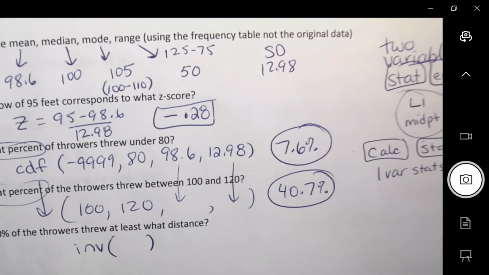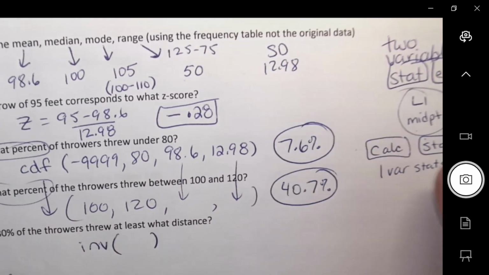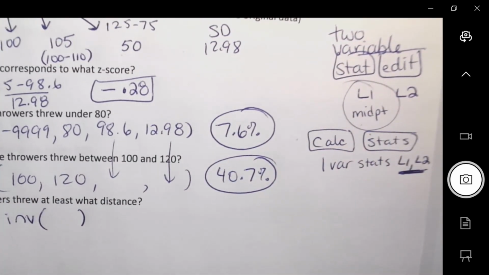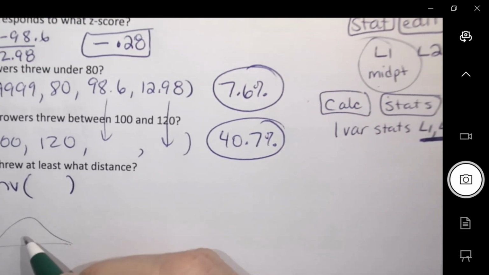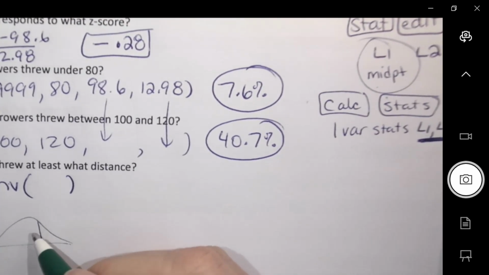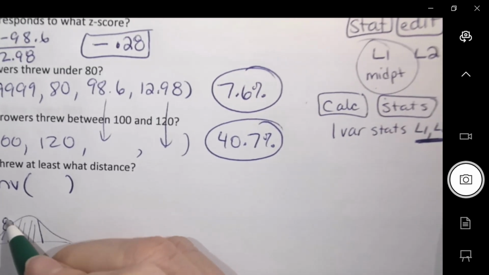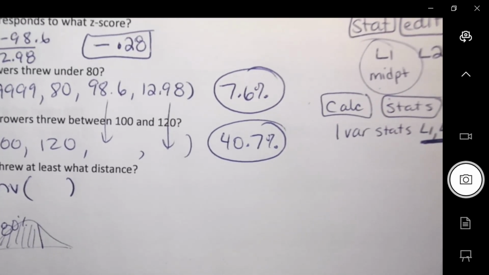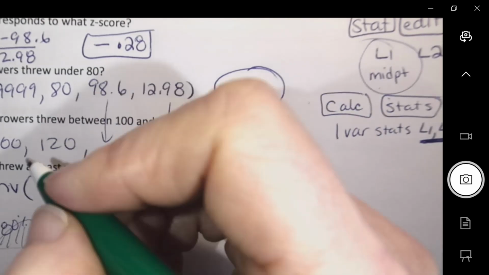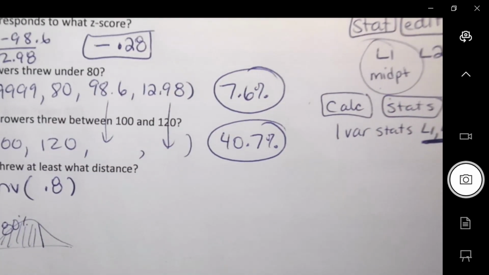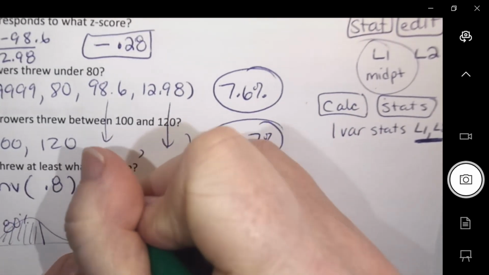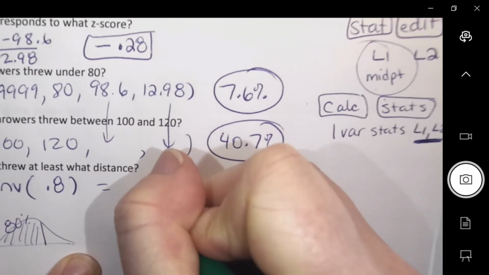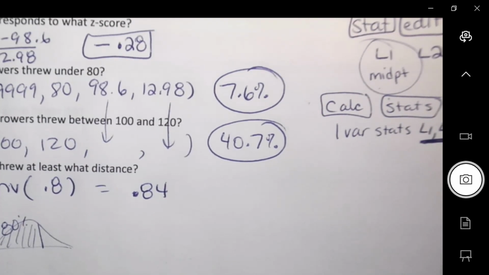So is that the top or bottom 80%? Percent of throwers through at least what distance? That would be like that, right? Below you? 80% of the people are below you? I had to think about that one. Yeah.